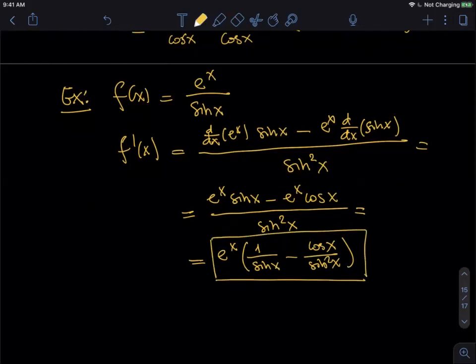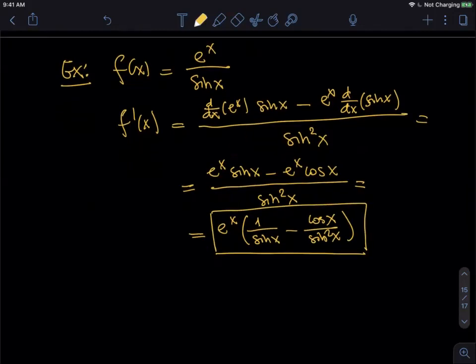Okay, there is no really good option here, or we could decide, okay, e^x, this is 1 over the sine, that's the cosecant, minus, and then cosine divided by the sine square, that's the cosecant of x divided by the tangent of x. But this is not particularly useful, so in this case I would go with the one I boxed.